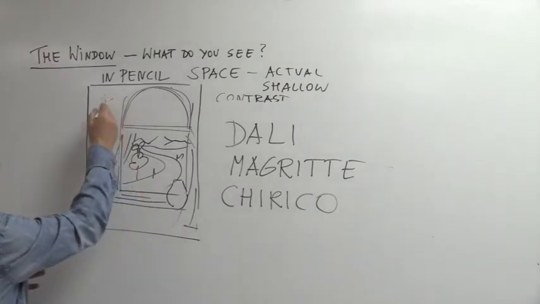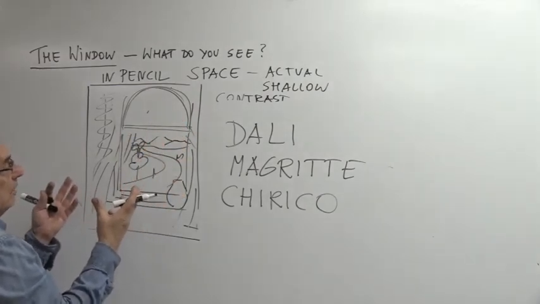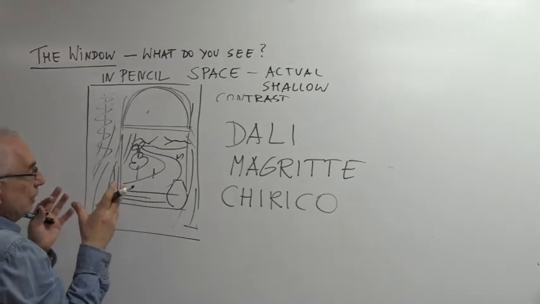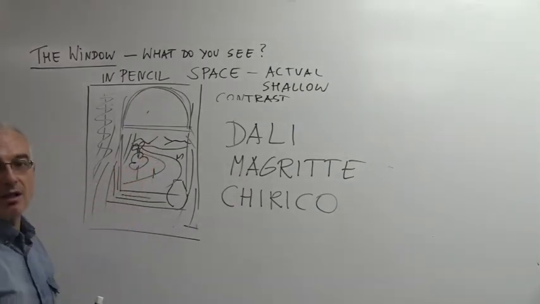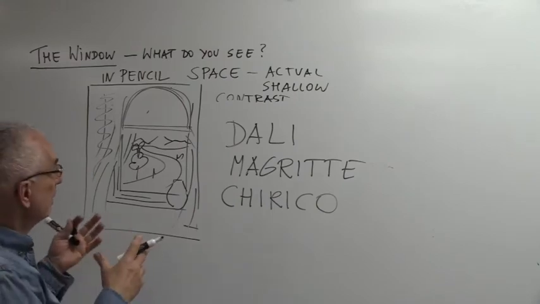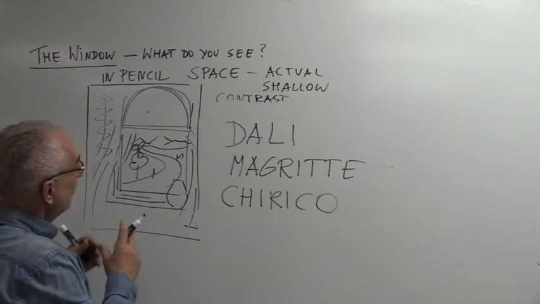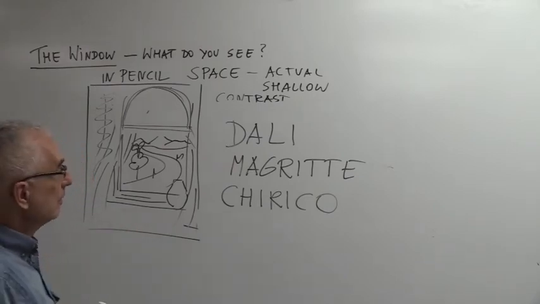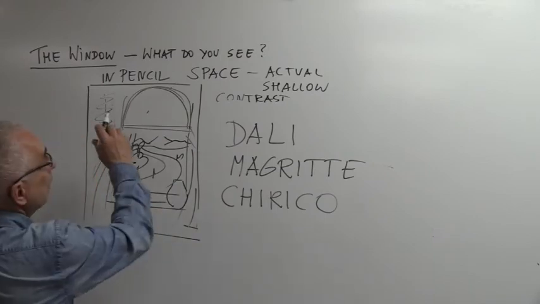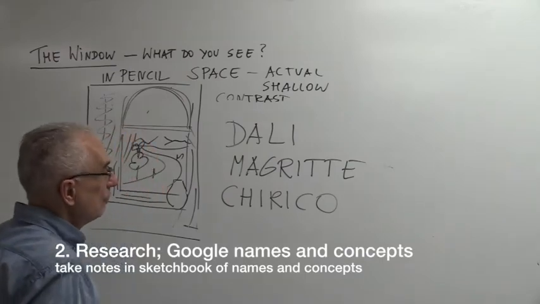So everything around could be gray, and then something here which is so complex and beautiful that it is drawing us outside, like a dream, like thinking about escaping, hoping for the better. So that's the general concept of this project. So the window, what do you see? That's my title. You can of course change it.